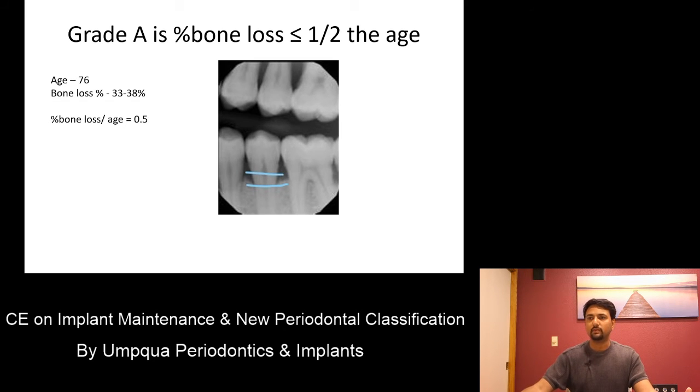If it's between half to 1 ratio, then that makes it moderate progression, or grade B. And we're going to look at some examples, and I'm going to make it easier for you to understand more.